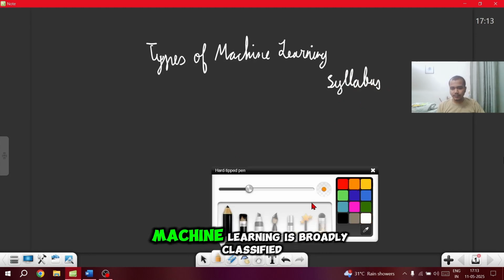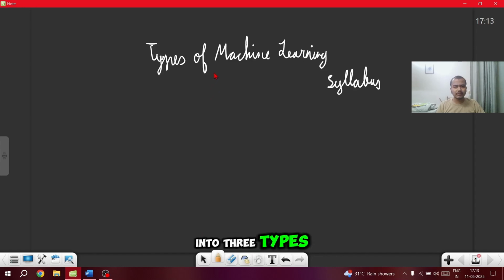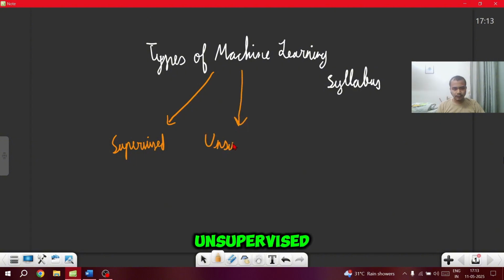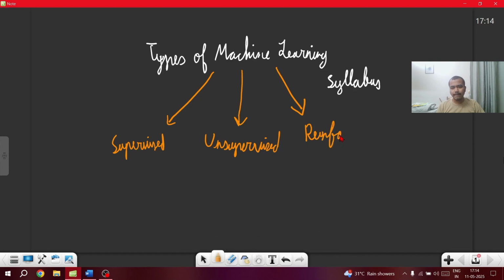So as we know, machine learning is broadly classified into three types, which is supervised, unsupervised, and reinforcement learning.